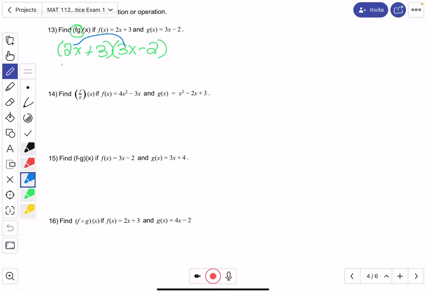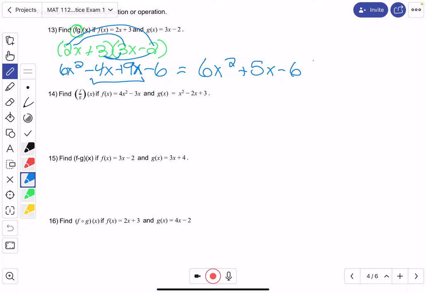So 2x times 3x is 6x squared. 2x times -2 is -4x. 3 times 3x is 9x. 3 times -2 is -6. And now I'm going to combine like terms. So I'd get 6x squared plus 5x minus 6.